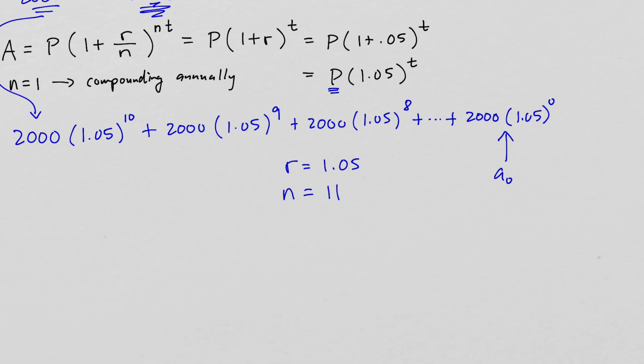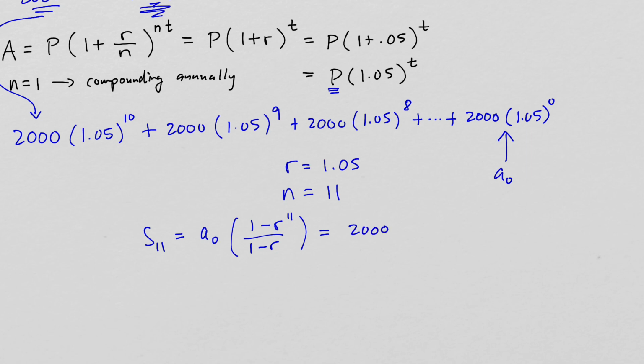So we can find the sum of these 11 terms by using the formula for the geometric series, which is A naught times 1 minus R to the N, and N, of course, is 11, divided by 1 minus R. And then we just fill in what we know. We know that A naught is 2,000.